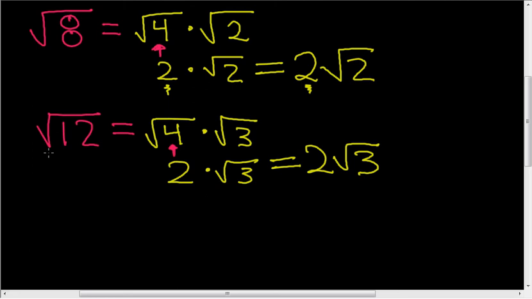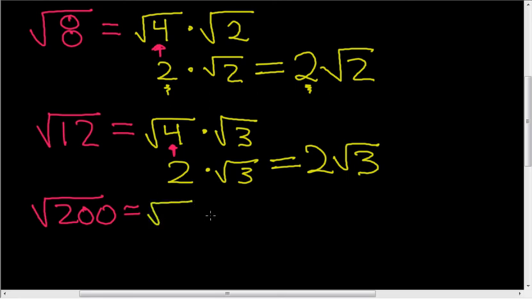All right, almost every number can be broken up like this. Let's do this. Square root of 200. There's a couple ways you can break this up. There's an easy way and a slightly longer way. Square root of 200.